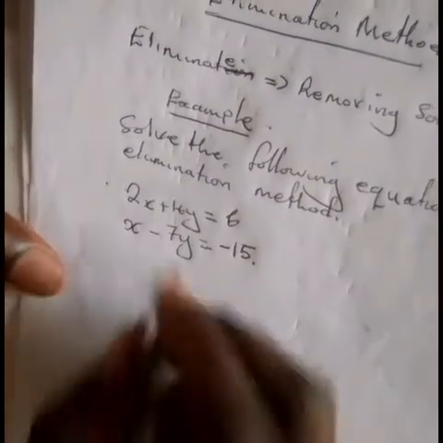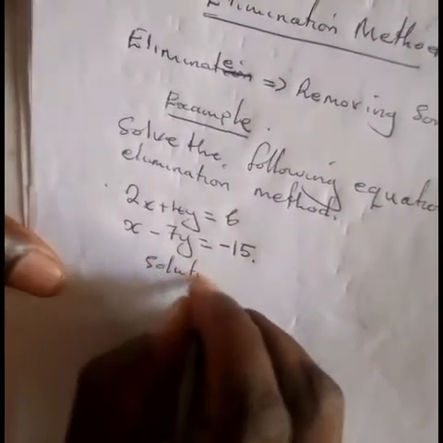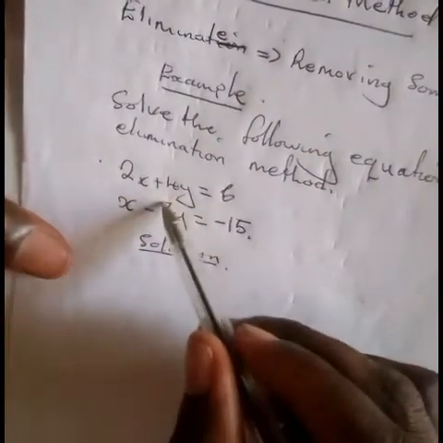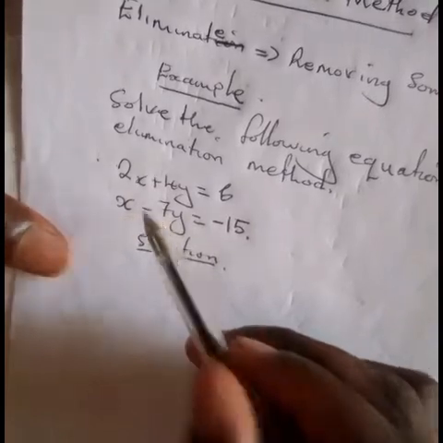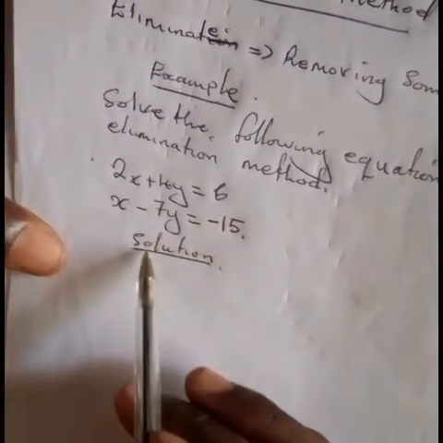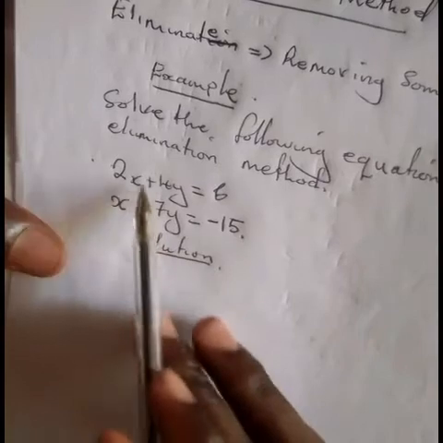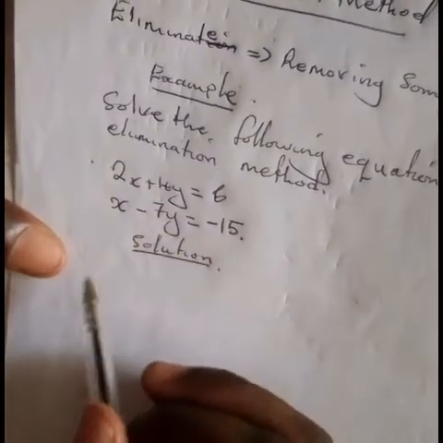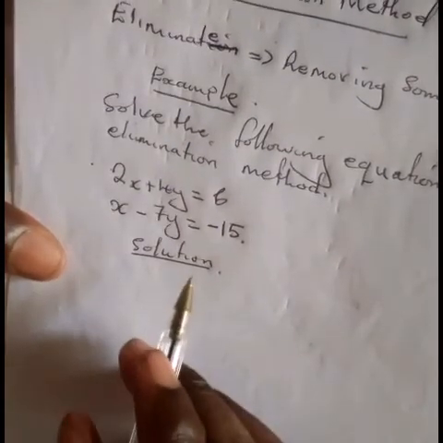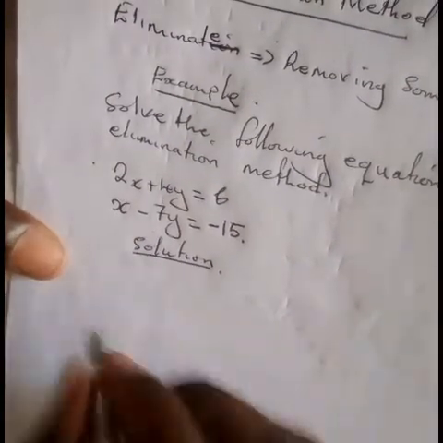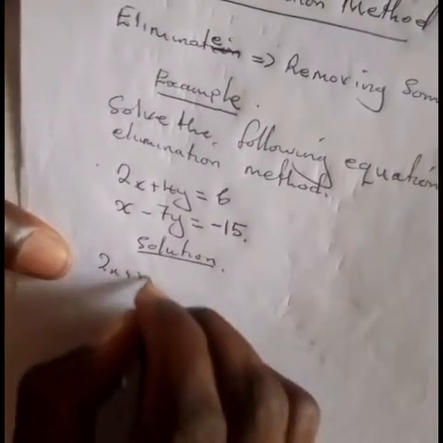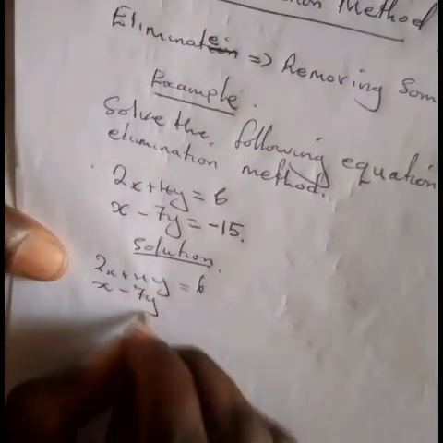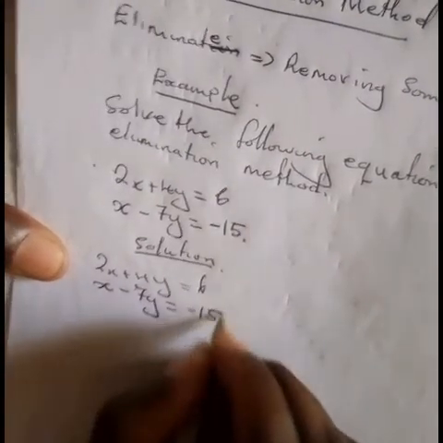To eliminate, we need to choose the letter that we can eliminate here. You can decide which letter you want to eliminate from the equation. We have x and y, so which letter among the two? For example, if we decide to eliminate x, we have 2x plus 4y is equal to 6, and x minus 7y is equal to negative 15.